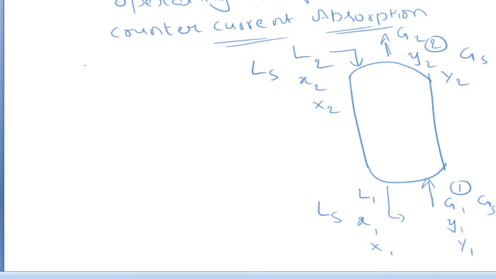Now, I want to do the material balance, so total material balance and component material balance. Suppose I want to do the component material balance, I can do it like this.